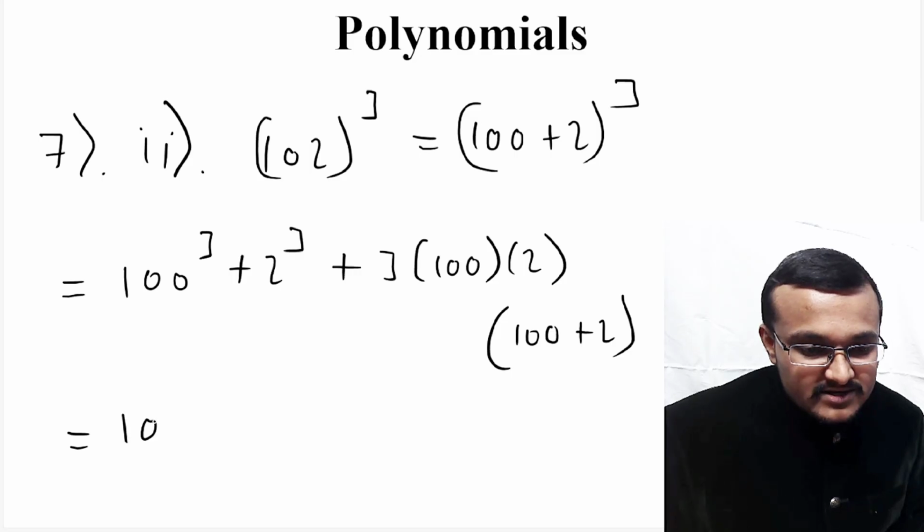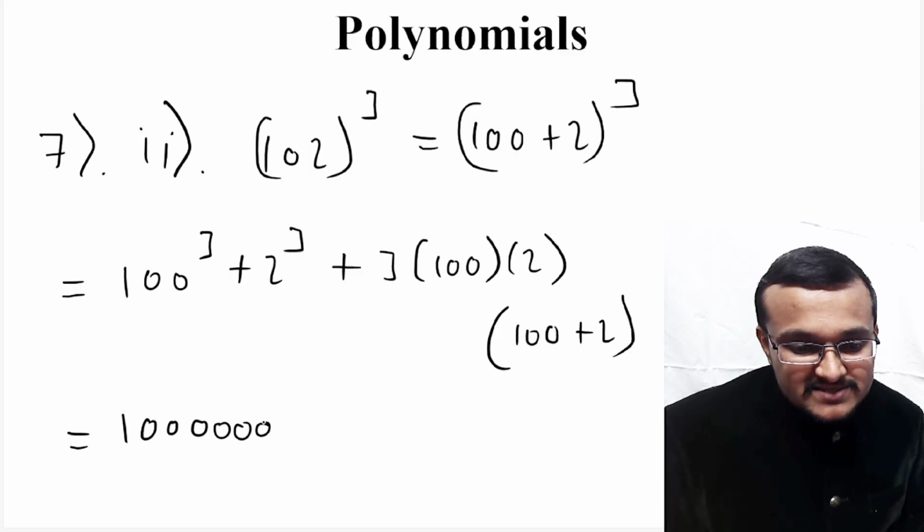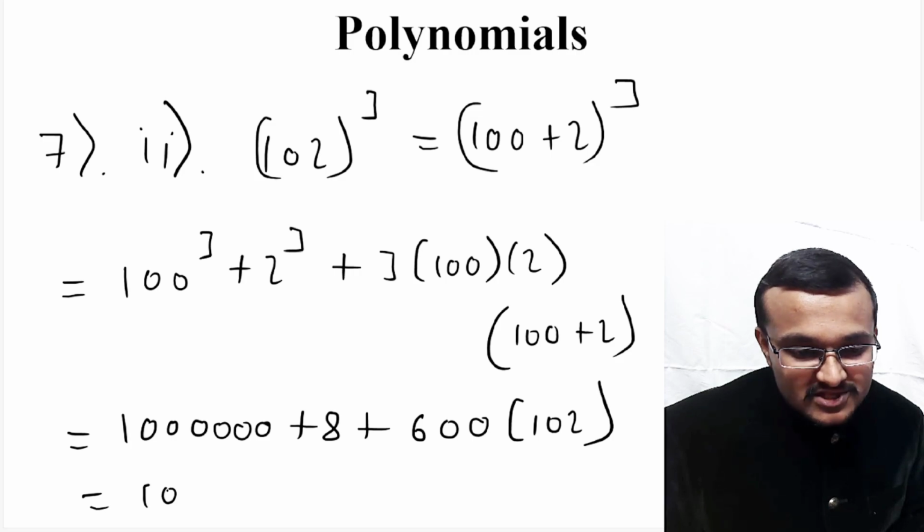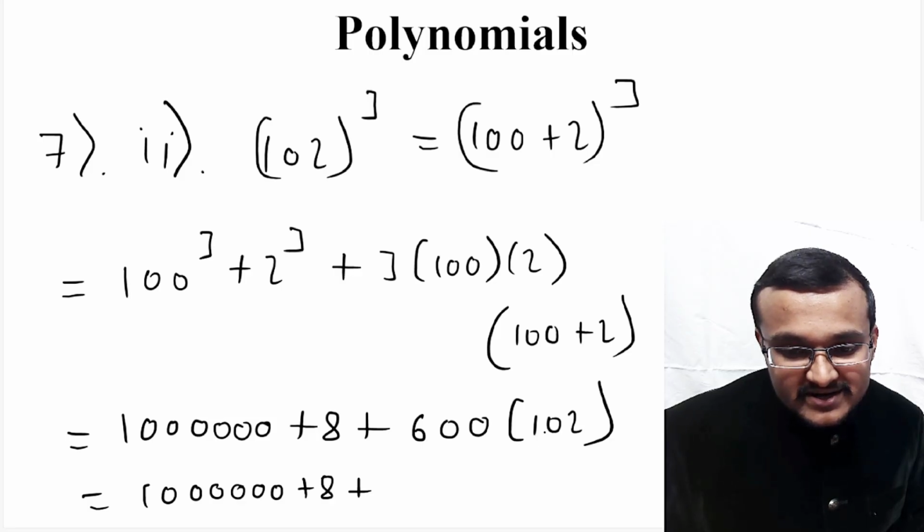Now you have 10 lakh plus 8 plus 3 2s are 6, 6 into 100 is 600 into 100 plus 2 is 102. So now if you solve this, you will get 10 lakh plus 8 plus 600 into 102.